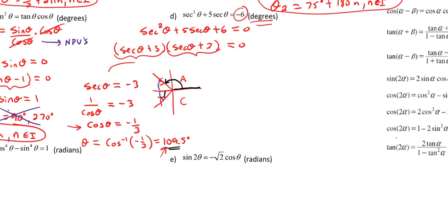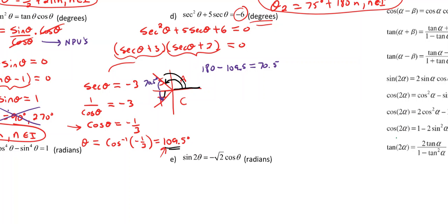So what I'm going to do here is go 180 minus 109.5. Okay, so 180 minus 109.5 is 70.5. So that's what this is. This is 70.5 degrees. So if I want the second angle, I'll just draw it in here one more time.